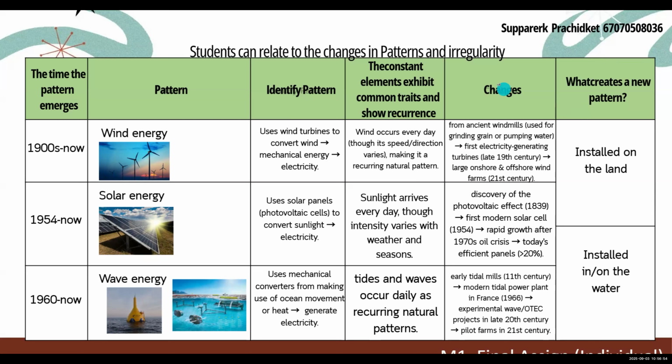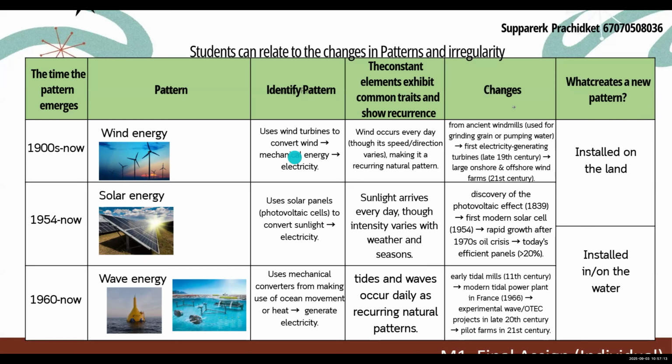Wind energy uses a turbine to rotate and make mechanical energy, which is then converted to electricity. The common trait is that wind can occur every day. It depends on speed, direction, and so on.